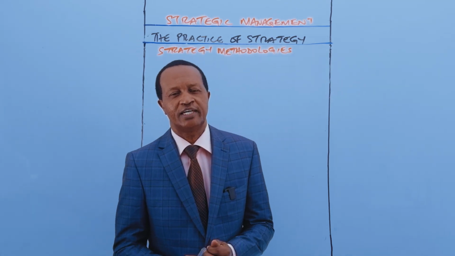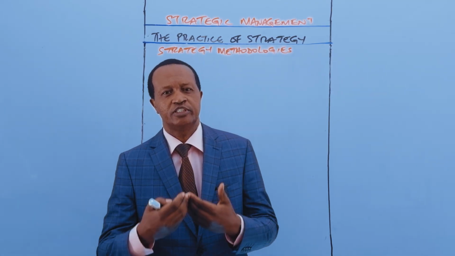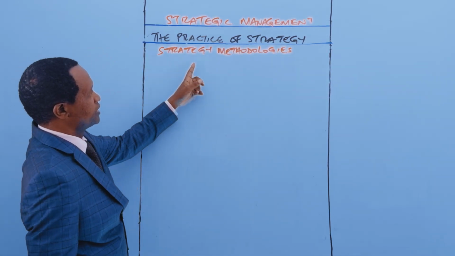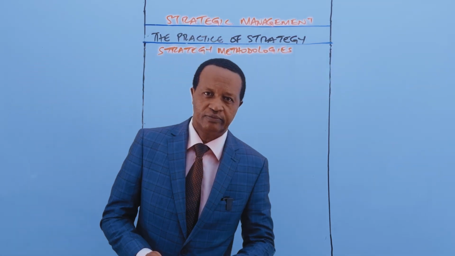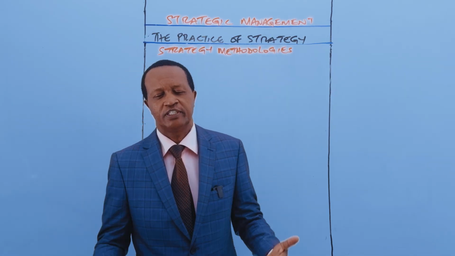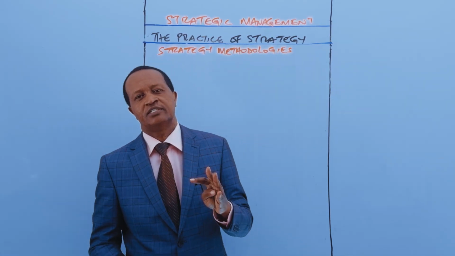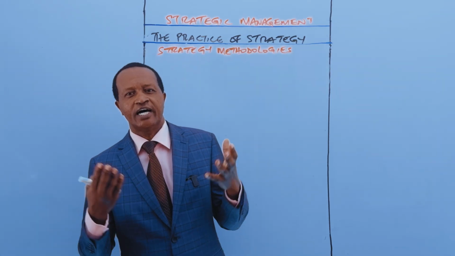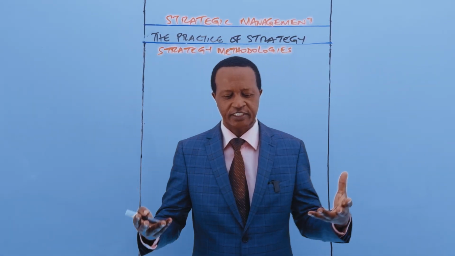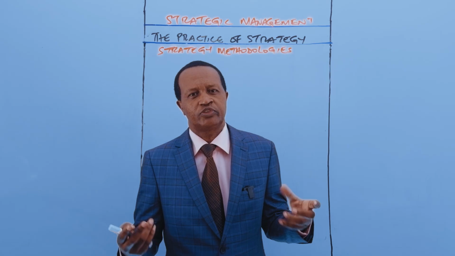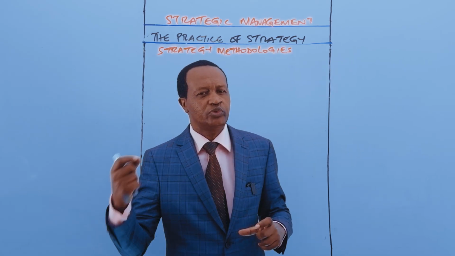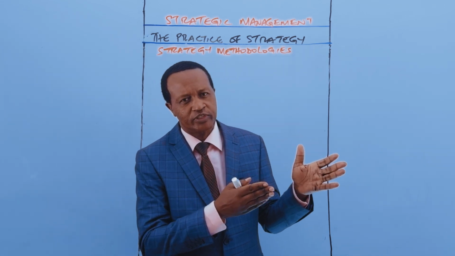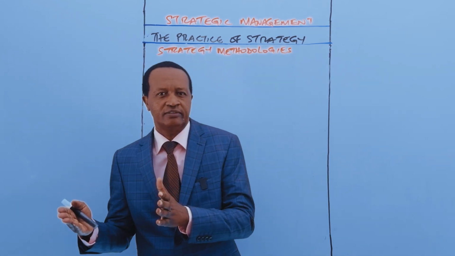Today we are going to analyze what we call strategy methodologies. The topic is the practice of strategy. By the end of this lesson, you should be able to analyze at least 4 strategy methodologies, which are the specific sets of tools and structured processes that organizations use to bridge the gap between thinking about strategy and doing it.